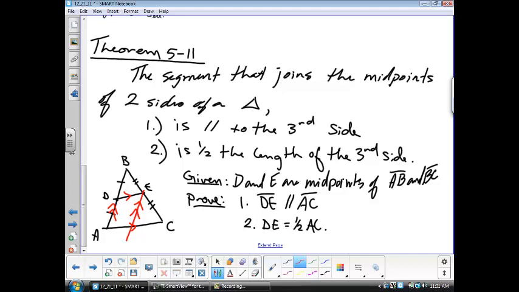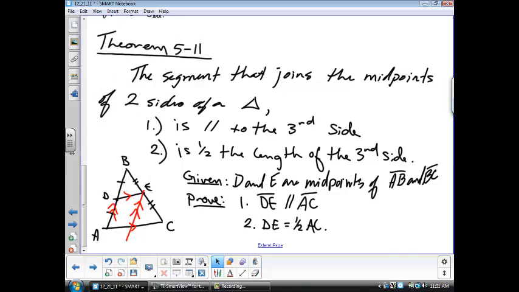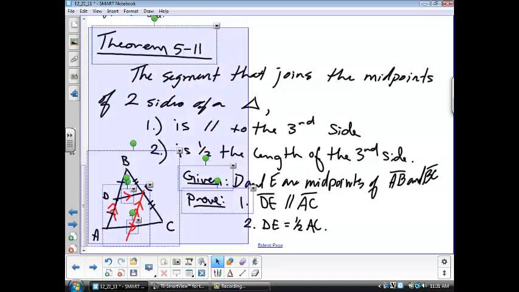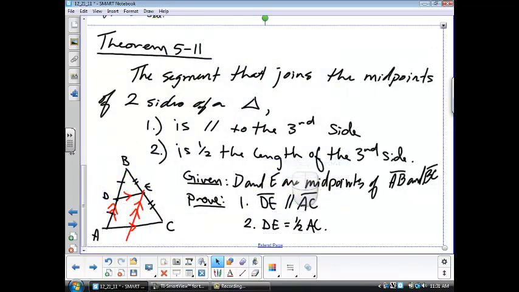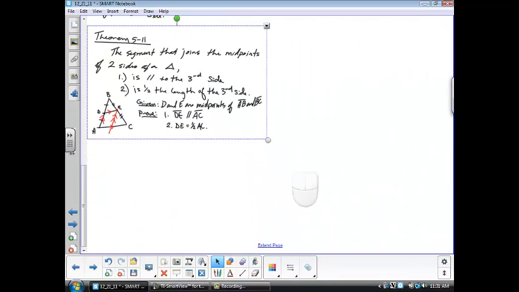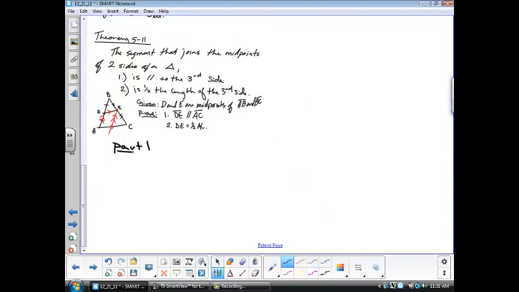So we're going to be working with that line when we do the proof of the second part of Theorem 5.11. So for part one, putting in words what we talked about, since by Theorem 5.10 there is a line that goes through the midpoints D and E and is parallel to AC, and since there are only 2 points, there is only one line, DE must be parallel to AC.